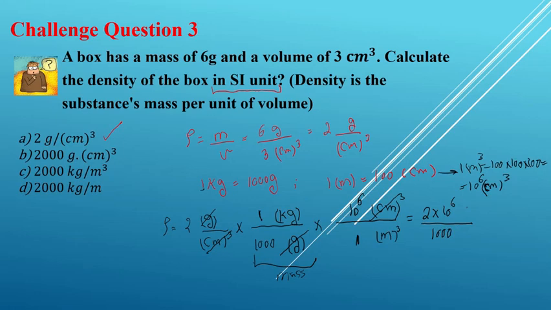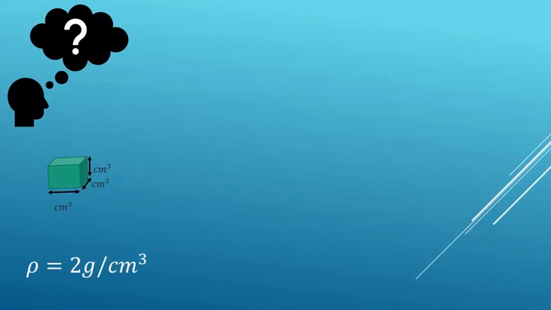In the numerator I have kilograms, and in the denominator I have cubic meter, right? So my answer is going to be 2000 kilograms per meter to the third. So the earlier answer is not the right answer, and my answer is going to be C.